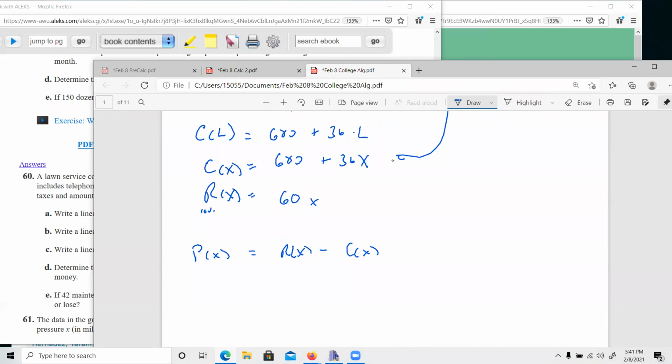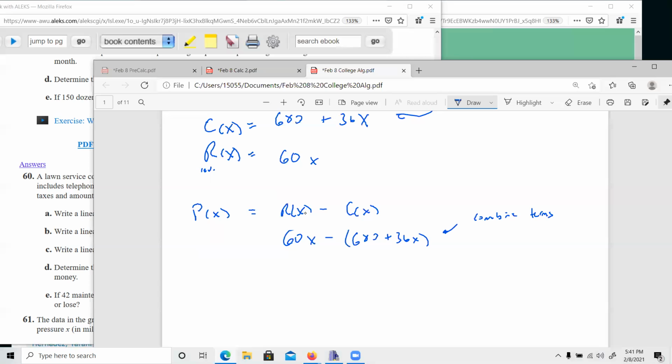So we're just going to put this in. This is going to be 60X minus, and we type in 680 plus 36X. At this point we just have to combine terms. We're going to have 60X minus 36X, because the negative distributes to both, so this is all negative now, minus 680.